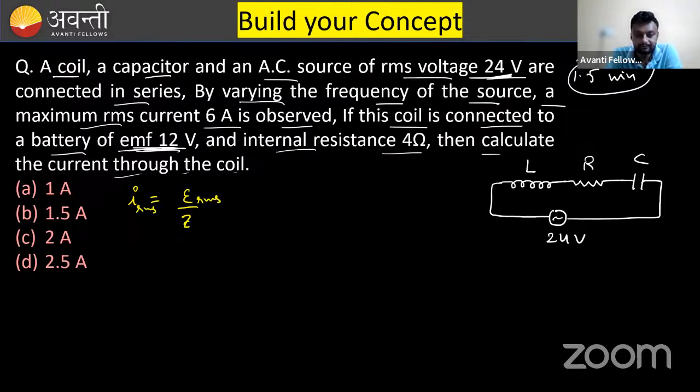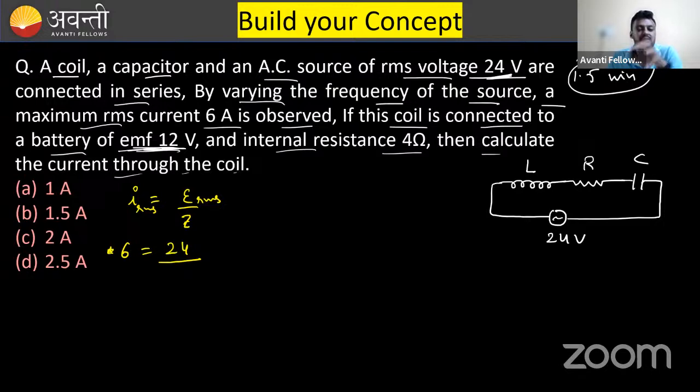No problem with that. Now, if you talk further, I RMS is given as 6 ampere, equal to E RMS, which is given as 24 volt, divided by Z. Z is the impedance of the LCR circuit, but for maximum current, it should be in resonance.